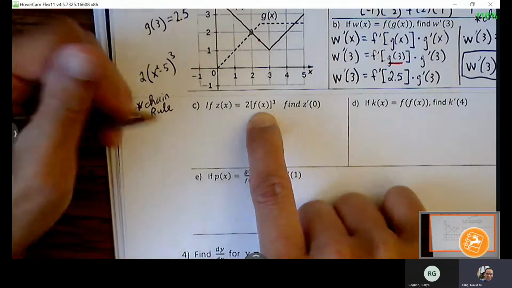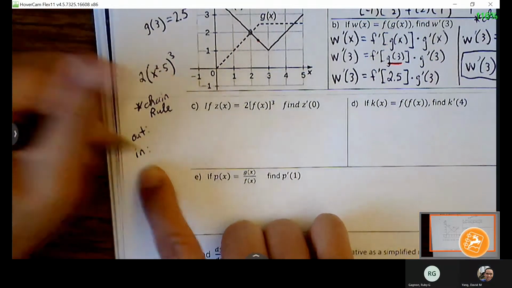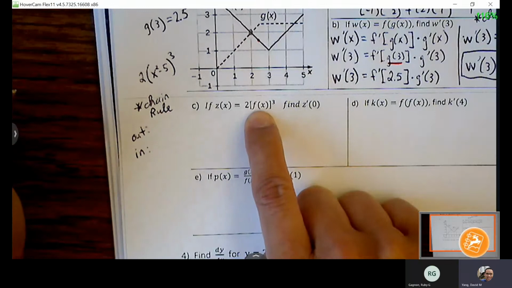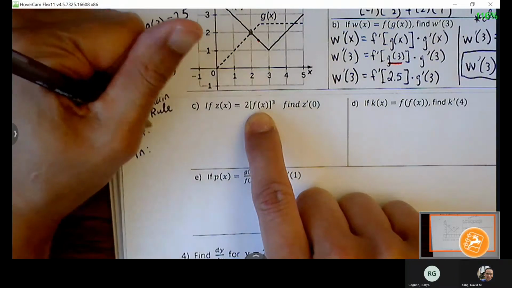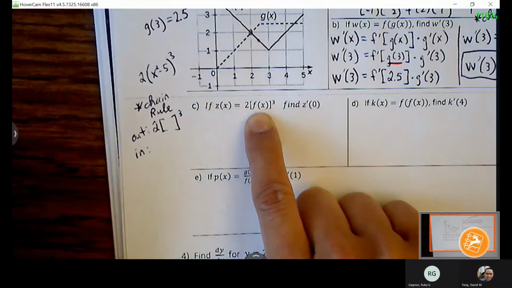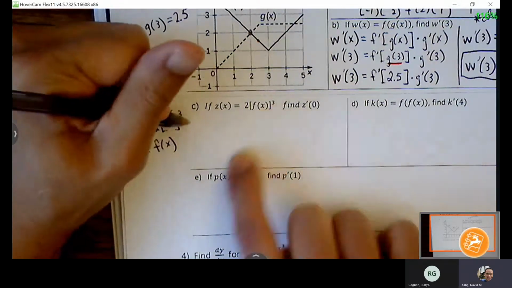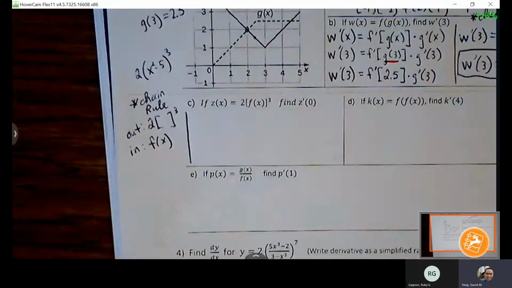So we can do this outside-inside identification here. What's the outside portion of this function? 2 bracket cubed. Okay. What's the inside portion? f of x. Okay, so we're just going to take turns with each derivative.